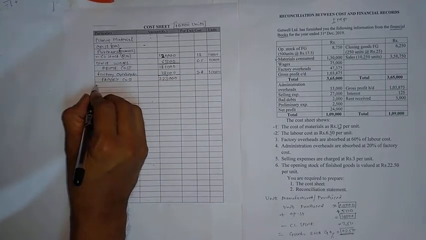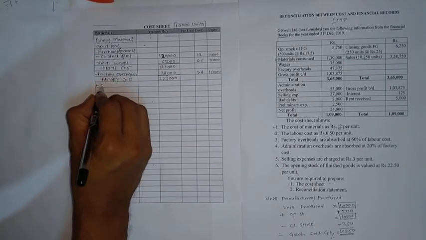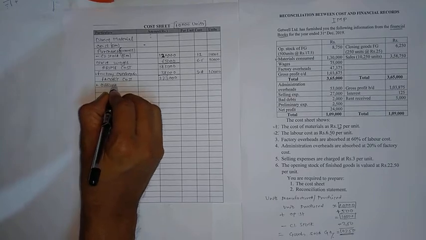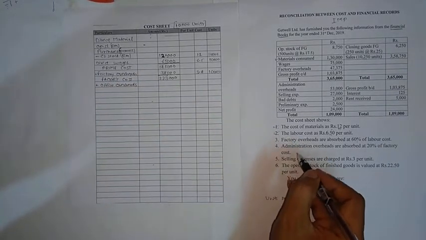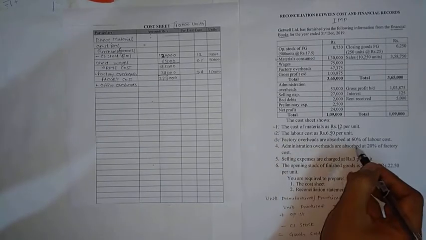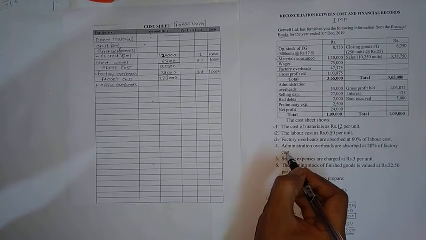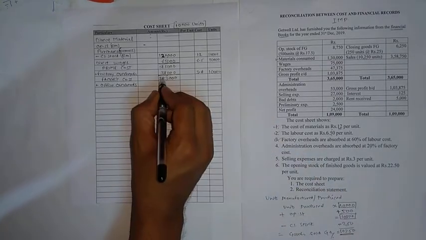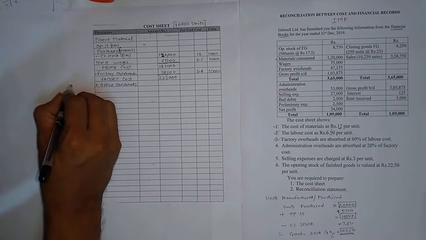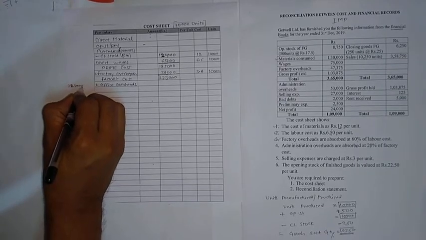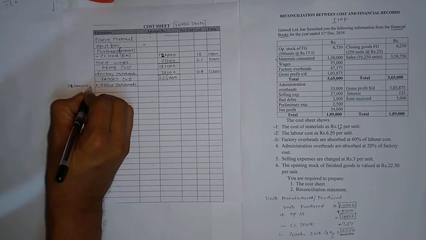Then add office overheads or administrative overheads. Administrative overheads are absorbed at 20% of factory cost. So we should take 20% of 2,23,000. Working is 223 into 20%.